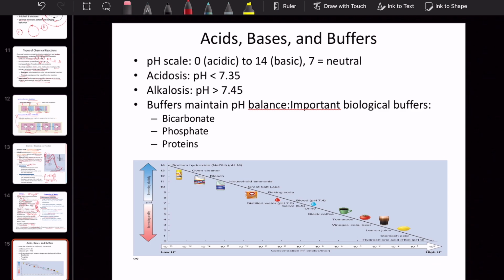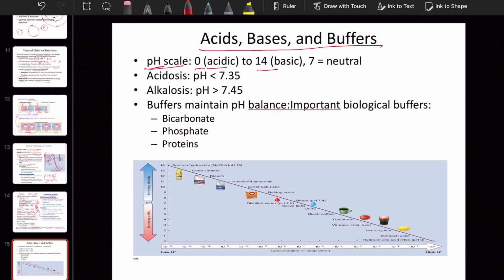Then we look at acids, bases and buffers. What are those things? You heard about the pH scale. The pH scale goes from 0 to 14. The closer we come to 0, the more acidic.